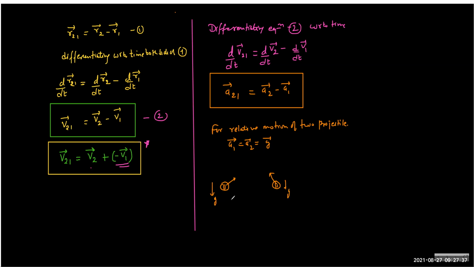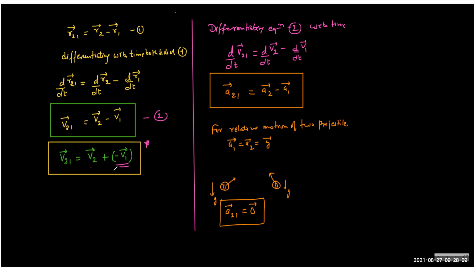And therefore, what will be the relative acceleration? What is A21? It is always 0. It means when the first ball looks at the other ball, if you make one of the balls the observer, then that ball cannot see the acceleration because both will fall with the same acceleration. Acceleration cannot be observed actually.